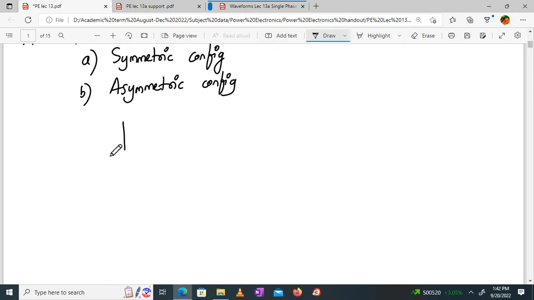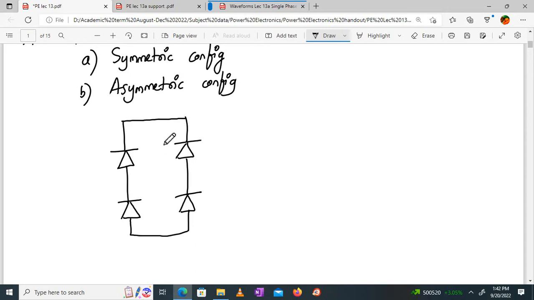When you draw a semi-converter, first of all, draw a bridge like this and connect them together. In a semi-converter, if the SCRs are placed in different legs like this and the other ones are diodes, this becomes a semi-converter.